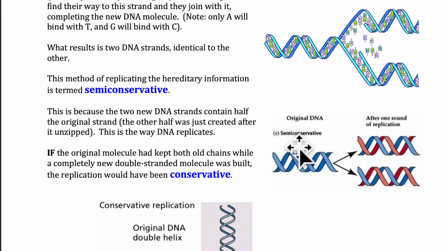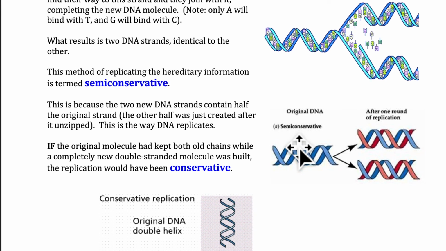This method of replicating the hereditary information is termed semi-conservative. So, it's called semi-conservative replication. What happens is the DNA is replicated, so you get a complete copy of DNA, and then the original DNA splits in half, and it pairs with new DNA.